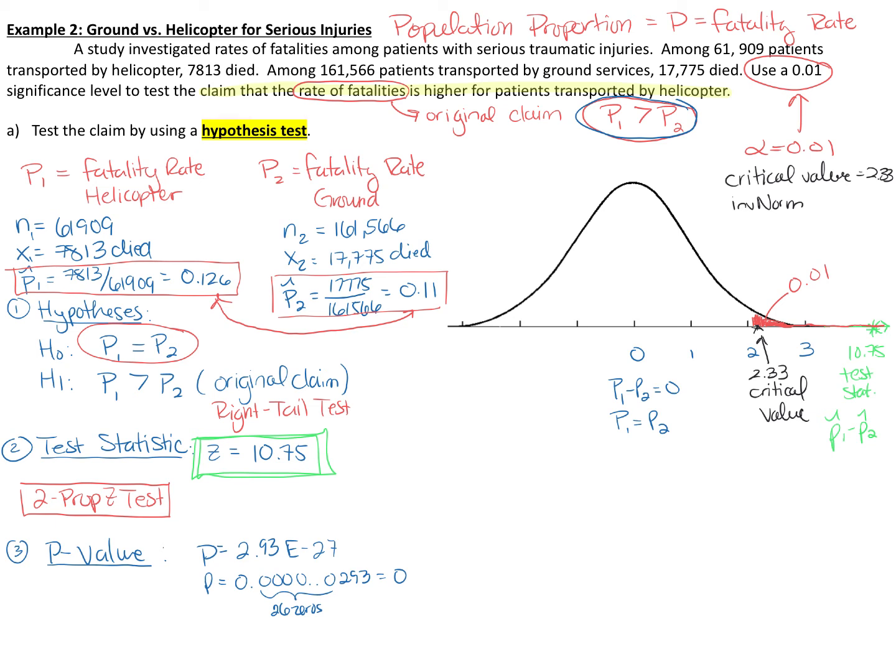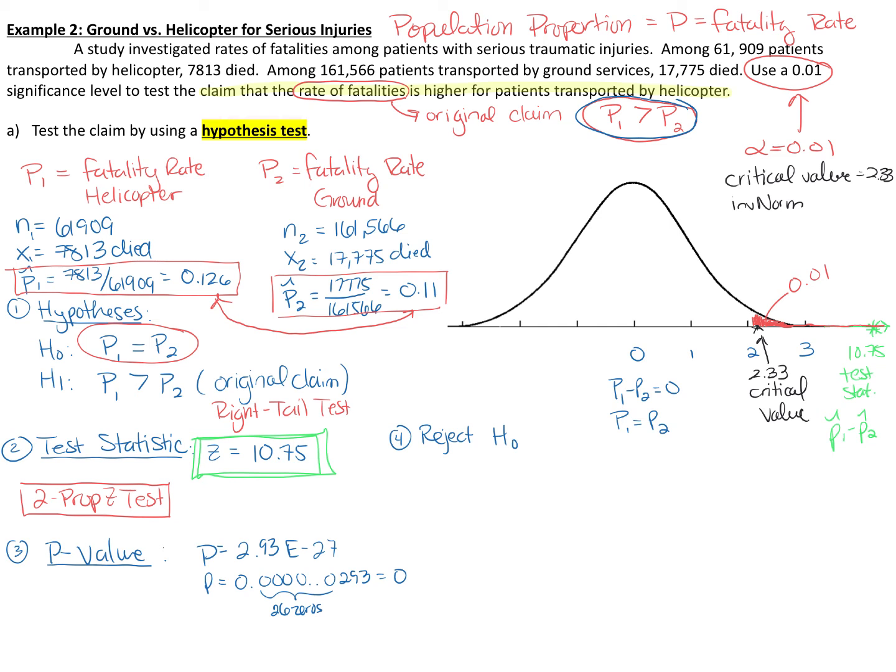So now if you're using the critical value method, we can make a conclusion about the null hypothesis. Here I would reject the null hypothesis. That means I'm rejecting the statement that the fatality rate for the two groups is the same. In fact, the fact that our test statistic falls in the right tail implies that P1 is greater than P2.